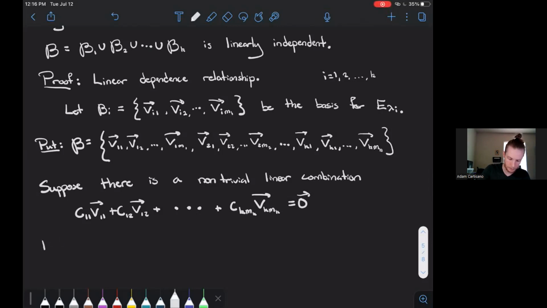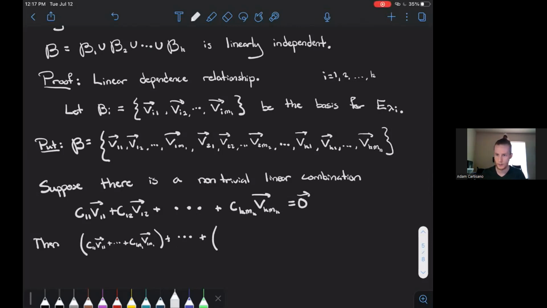Okay, let's write this carefully. C11 V11 all the way up to C1M1 V1M1, plus dot dot dot, plus, what we're doing is putting in parentheses, breaking up this linear combination by the first index.